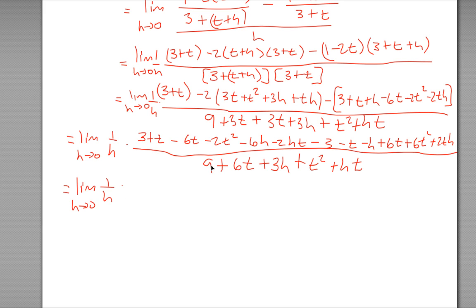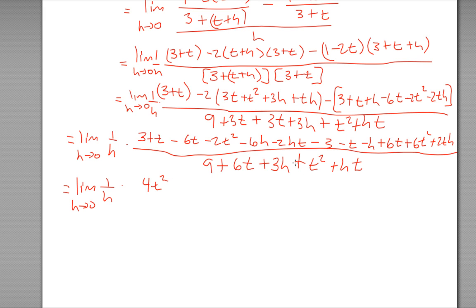Let's look at our powers of t. t minus 6t is minus 5t, plus 6t, so all our t's cancel out. Okay, good. Let's look at our t squareds. Minus 2t squared plus 6t squared is 4t squared.